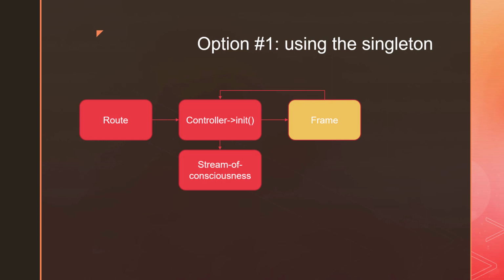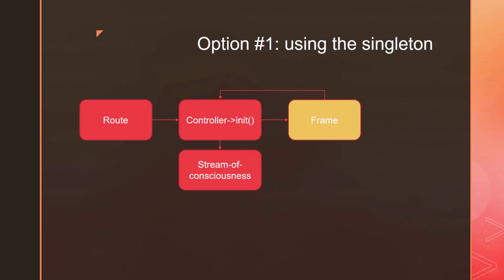You can of course change that with the template function, but in the default model, what we now look at is what a route component basically does. So you have a particular route. Let's just say you create a particular endpoint, and that endpoint will initiate the controller and execute the init function.